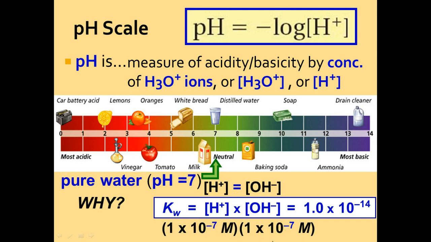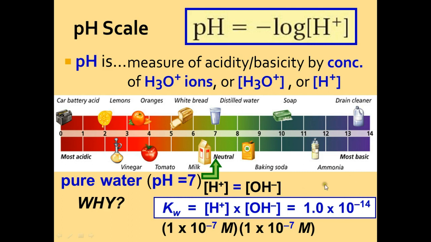And notice how 1 times 10 to the negative 7th of H plus, and notice how water has a pH of 7. So this is what I'm telling you, that when it's 1 times 10 to the blank exponent, it's always this same exponent. So here pH happens to be 7, and OH happens to be 7 because they're equal.